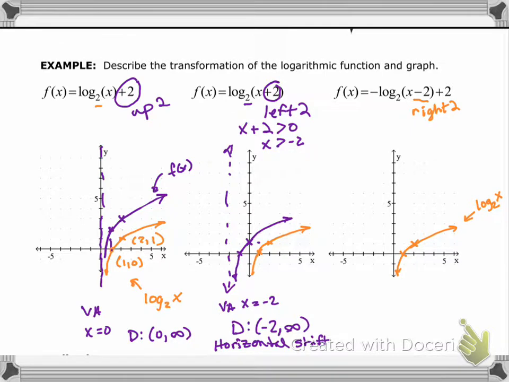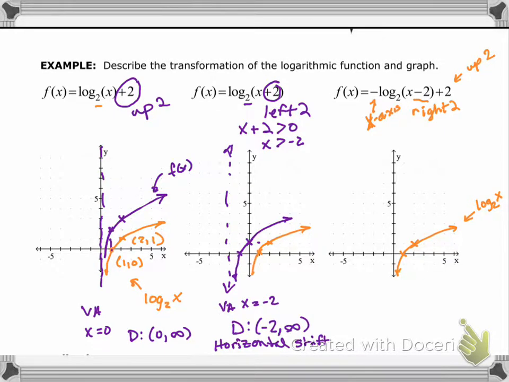Then we have a negative here, which means we're going to reflect across the x-axis. Negative on the x would be the y-axis, so this is the x-axis. And then we're going to go up 2, and that's the order I'm going to do them in.